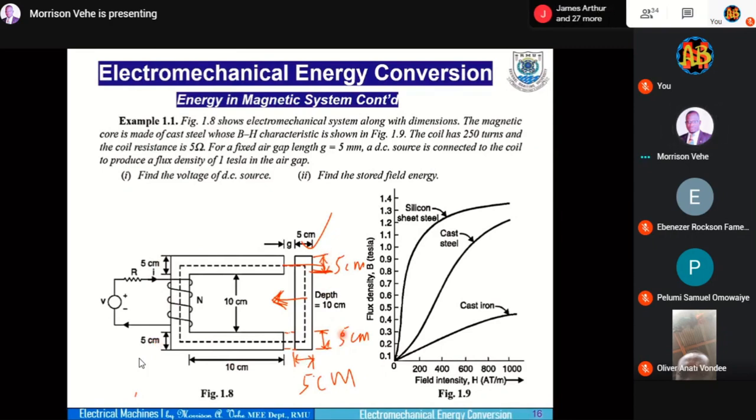More or less everything will become 2 times 5 for the upper limb, and because this limb and this limb have the same dimension, times the tens. The same applies to the vertical section.